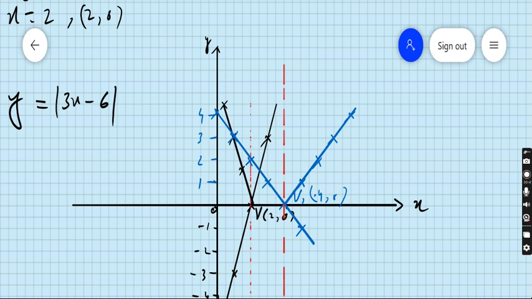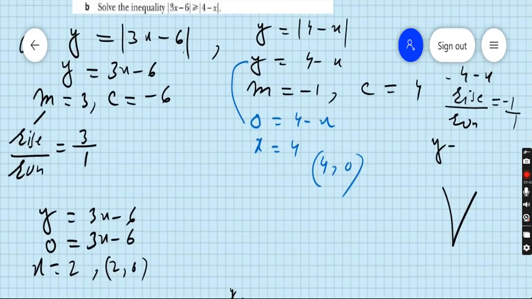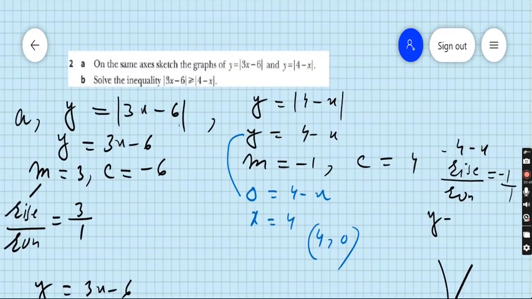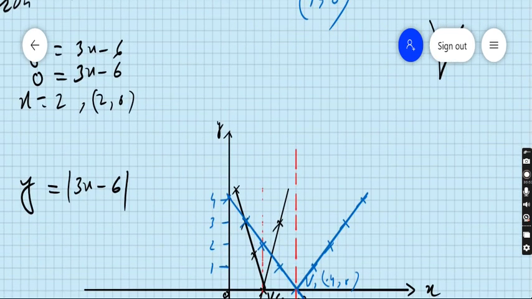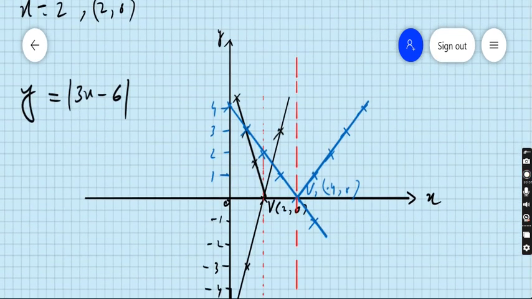Now finally, what was the requirement? This is part A, and part B is solve the inequality: absolute value of 3x minus 6 greater than or equal to 4 minus x.